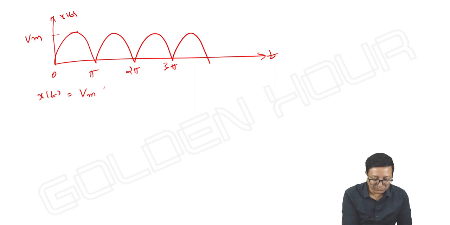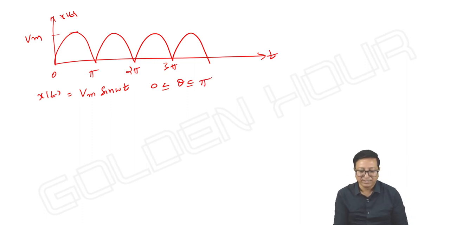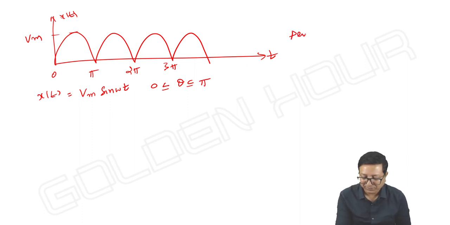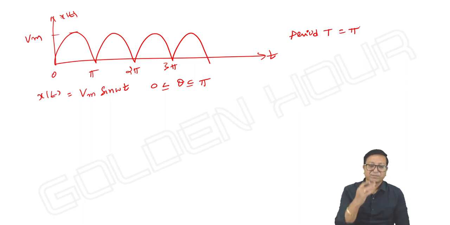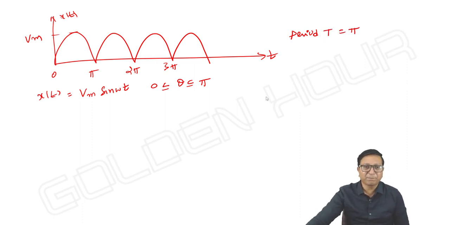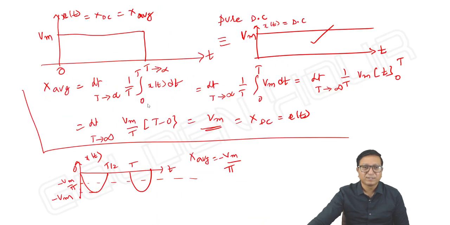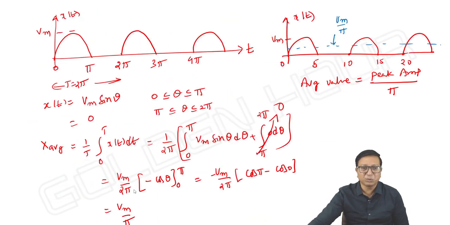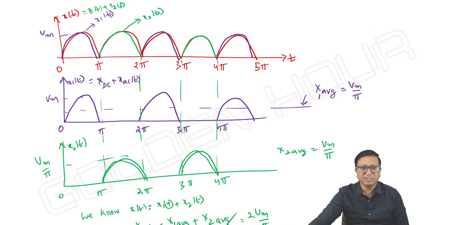It is equal to Vm sin omega t over the limits 0 to pi. Over one cycle I am defining. What is its period here? Its period is pi, not 2 pi. Earlier case, the period was T equal to 2 pi, whereas here the period is only pi.